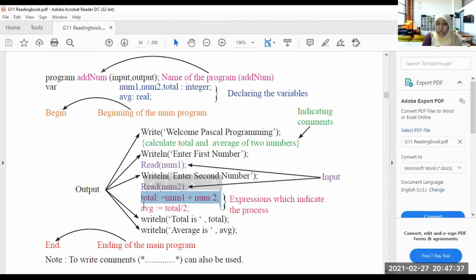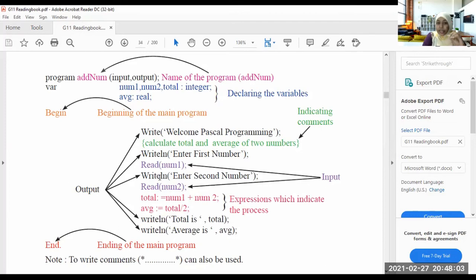Second one, average is double dot colon equal total divide by 2. That is the average. So here these two are the expressions which indicate the process. So these two are going to be processed here. Understood? Right.